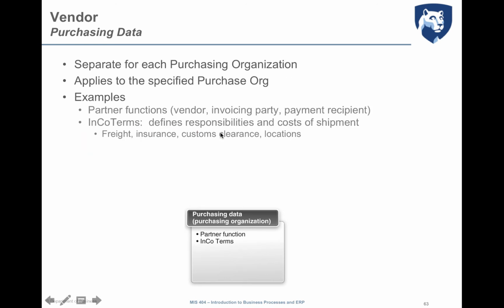Purchasing data instead may include various terms related to determining prices, creating and communicating purchase orders, verifying invoices, and other steps involved in executing purchasing with the vendor. The purchasing department will usually see this segment, because purchasing data are defined at the purchasing organizational level, and then should be applicable only to this organization.